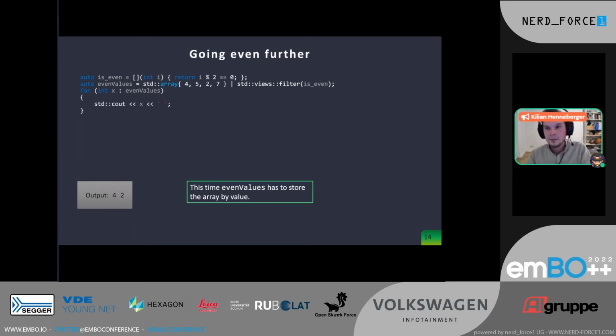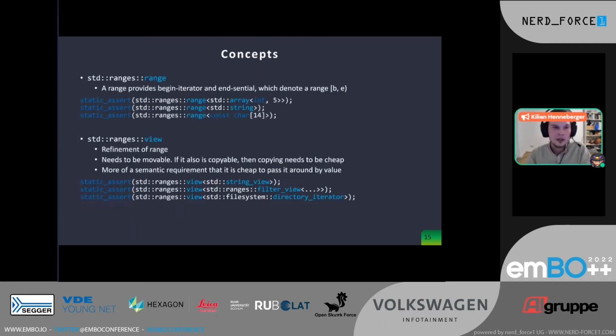Okay, so to explore this further, I want to introduce a few concepts and classes. The first, and maybe I want to briefly introduce concepts. So concepts, for the sake of this talk, are compile-time predicates, like std is void v or std is const v or something like that. You can also use concepts for ranges.